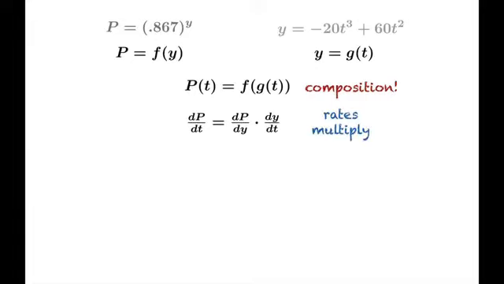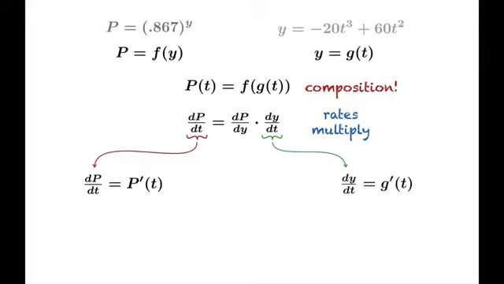So what we're going to do is simply swap out the Leibniz notation for functional notation. If you're just careful about this and literally swap out the right pieces, it's not too bad. So for instance, dp/dt we could simply write as p prime of t. Similarly, dy/dt could be written as g prime of t.